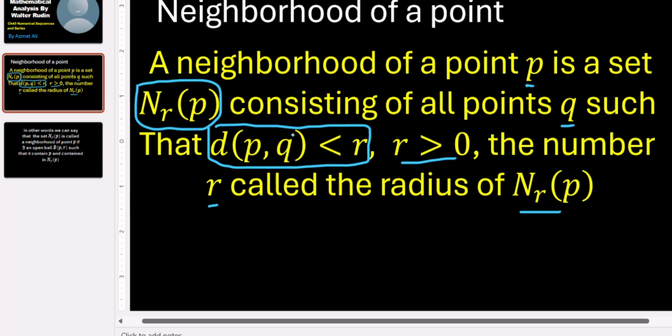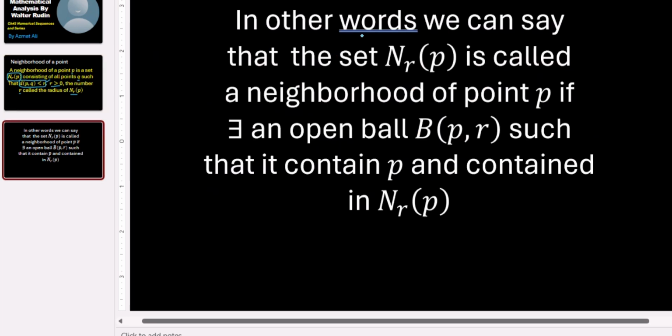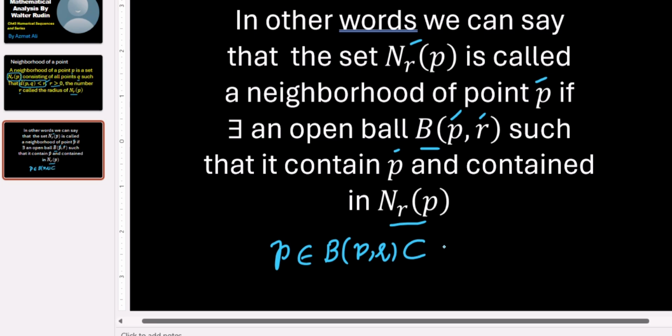So simply, the neighborhood of a point P is always a set that can be formed by this inequality or satisfies this condition. In other words, we can say that the set N_r(P) is called a neighborhood of a point P if there exists an open ball B whose center is at point P and radius is r, such that it contains P and is contained in the neighborhood of point P. That is, P is the point of your open ball, and this open ball is contained in this set.